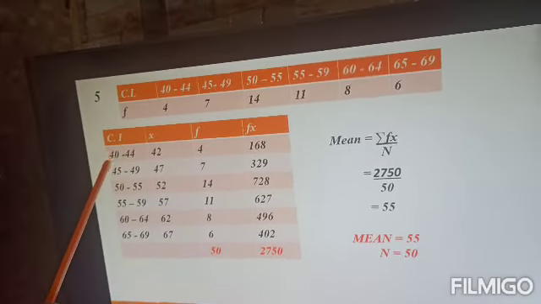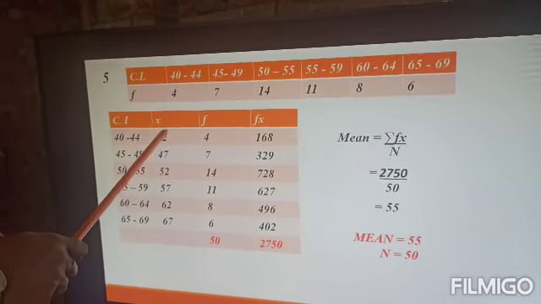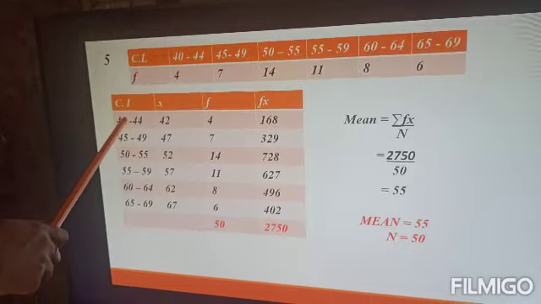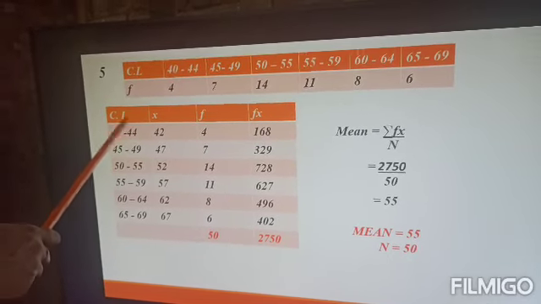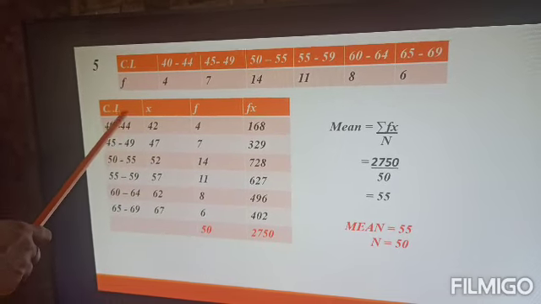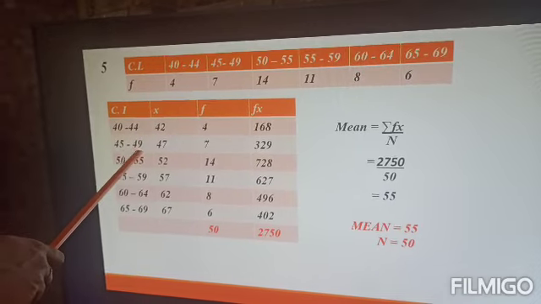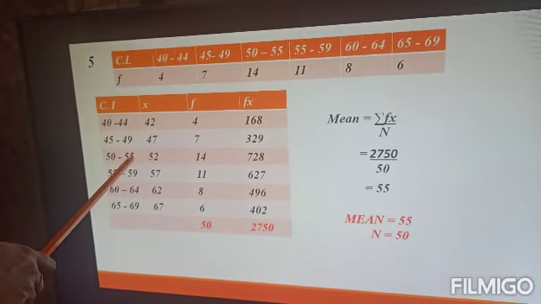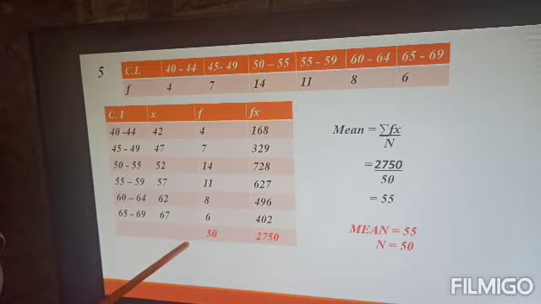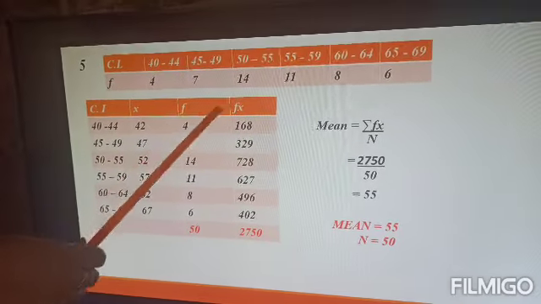Class intervals and x. We have to find the x column by taking an average of these class intervals. 40 plus 44, 84. 84 by 2 will get 42. Then add these two by 2, like that you have to get the x column. Then frequency column, that is already given.